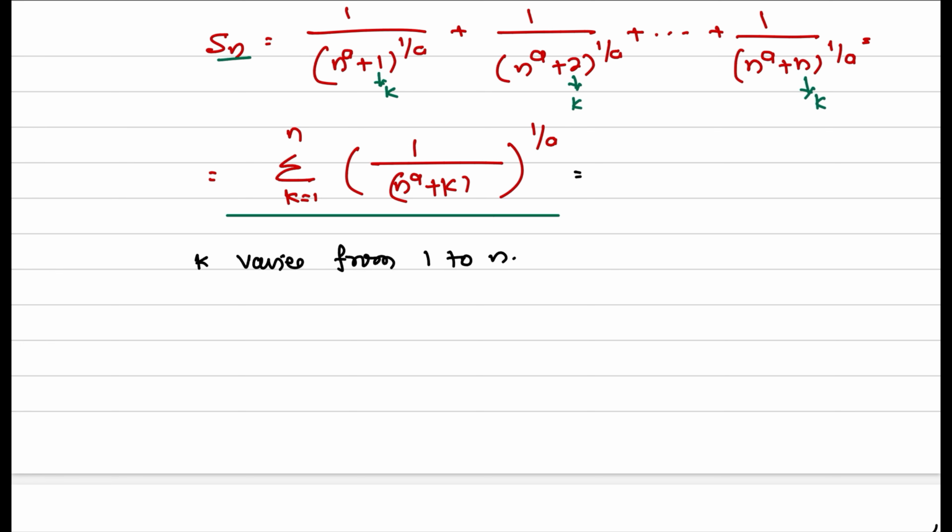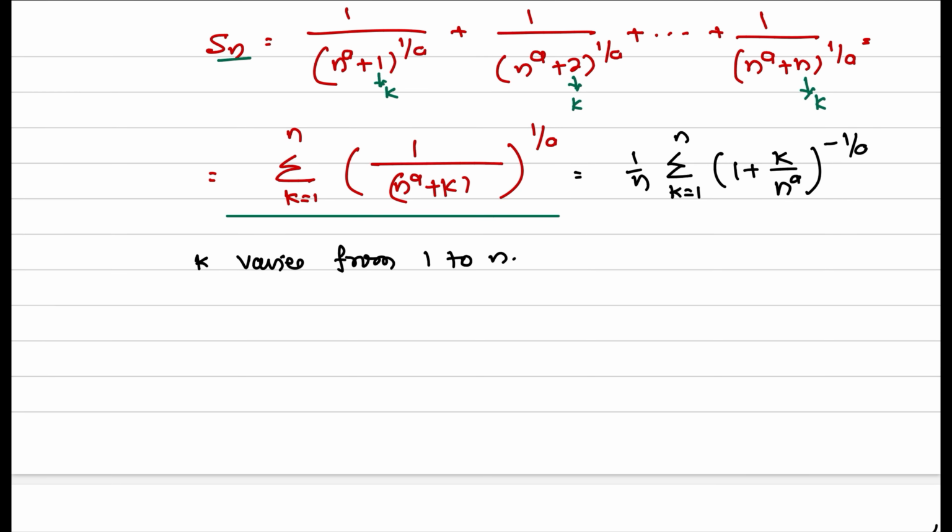This can be written as 1 by n, sigma k is equal to 1 to n. This particular value, let us remove the division. Let us write like this: 1 plus k by n to the power of a, to the power of minus 1 by a. Please cross check whether it is correct or not. This is how we can write.